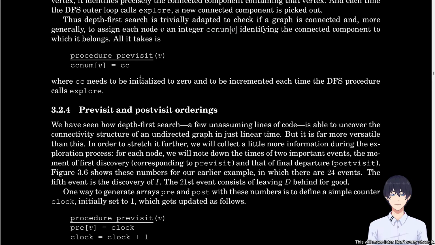Procedure pre-visit. What is this cc thing? Initialized to 0 and to be incremented each time the DFS procedure calls explore. When you call explore, you increment this counter. What is ccnum?